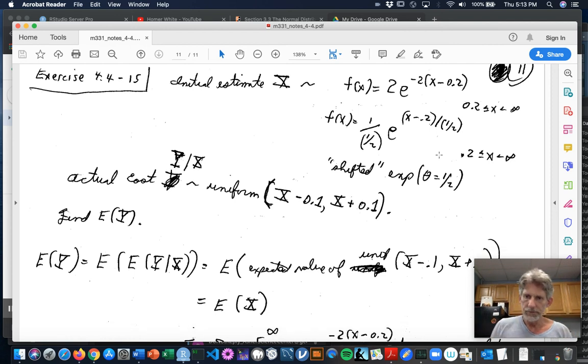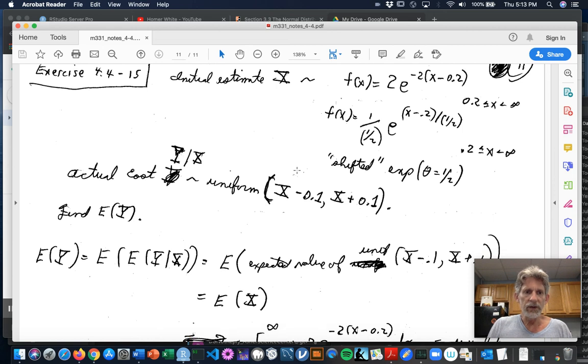Thousands of dollars. Okay. So theta equals half, the mean of that, it'd be theta times 1,000, $500. Plus 0.2, $200. So on average, the estimates are $700. Now, what's the actual cost? Well, the actual cost depends on the estimate, and then it'll be the estimate, give or take some.